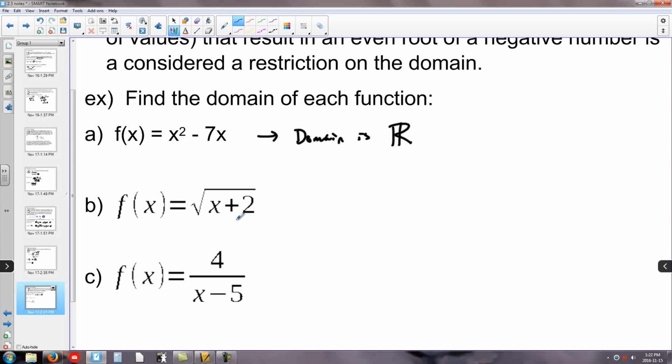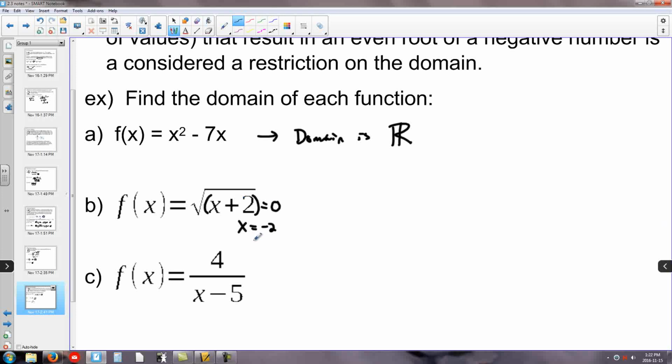Here, we have a problem. I'm not allowed to let this become negative. So, for practical purposes, we're going to say let it equal 0. If it equals 0, x would be negative 2, and the square root of 0 is 0. That's okay.